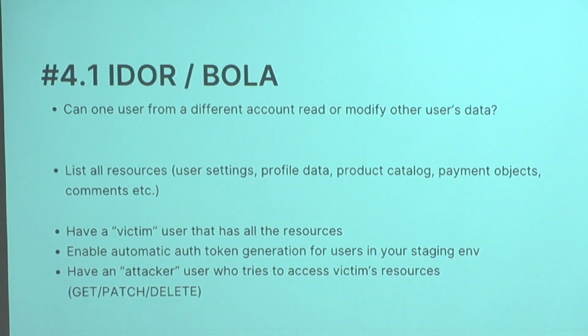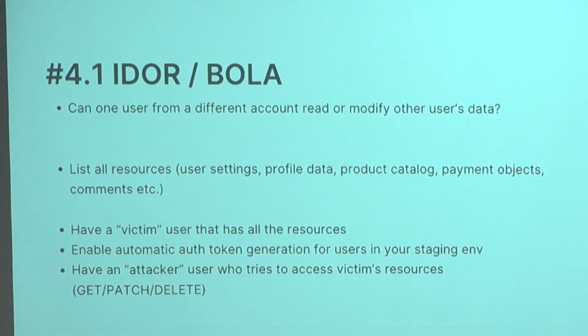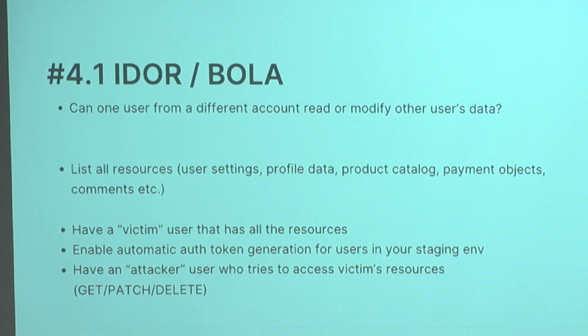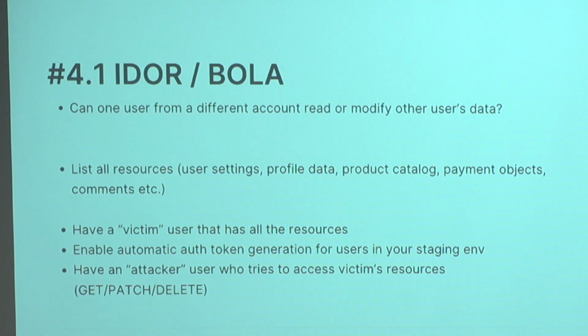So for IDOR and BOLA testing, we basically should have a list of all the resources. Again, in the API design phase, we already created that. If you have a list of resources present in your application, for example in Netflix, movie is a resource, TV show is a resource, payment details, user data, and profile settings are all resources.